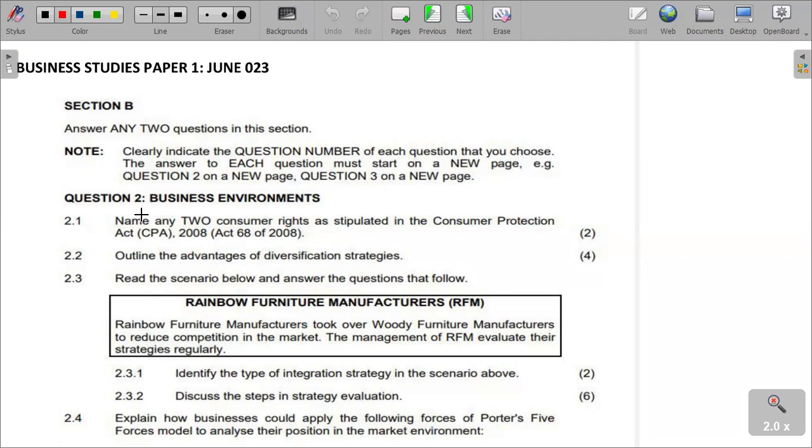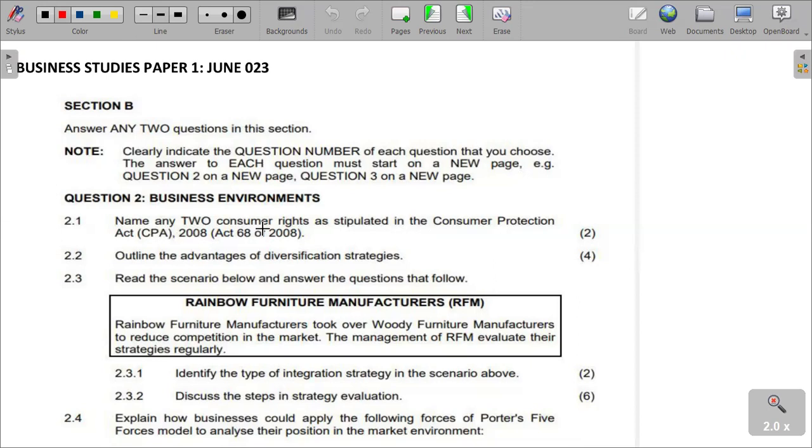So we are going to question number 2. Question number 2, name any 2 consumer rights as stipulated in Consumer Protection Act, which we say CPA 2008, Act number 68. What are the consumer rights that we have? Identify the consumer rights that are stipulated, or that are covered by the Consumer Protection Act.